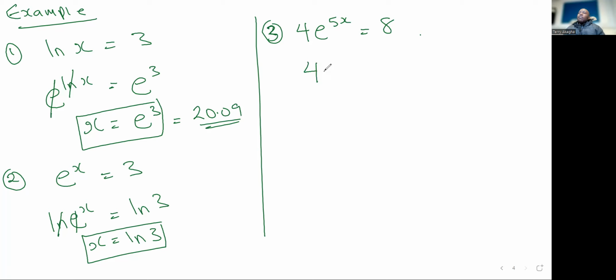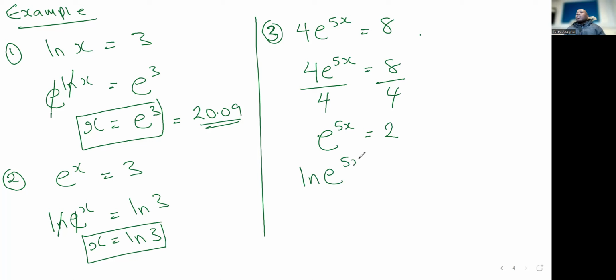So you're going to have 4 exponential 5x is equal to 8. We'll divide both sides by 4. Are you seeing it? Then we now have exponential 5x is equal to 2. Now we can solve. Then I take the ln of both sides. So it's going to be ln exponential 5x is equal to ln what? 2.